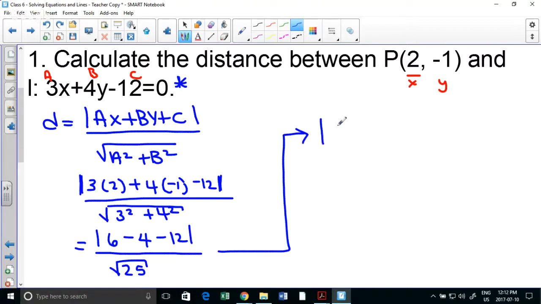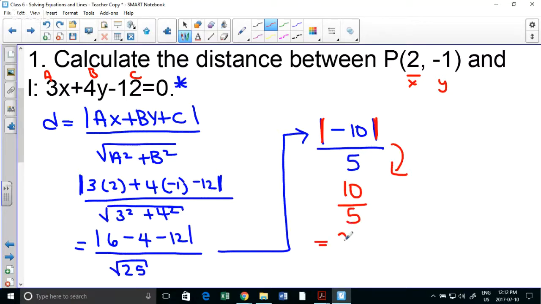Six minus 4 minus 12 gives me -10. This is 5. Now these brackets basically mean that this 10 becomes a positive. And then I can divide by 5, giving me 2 units.